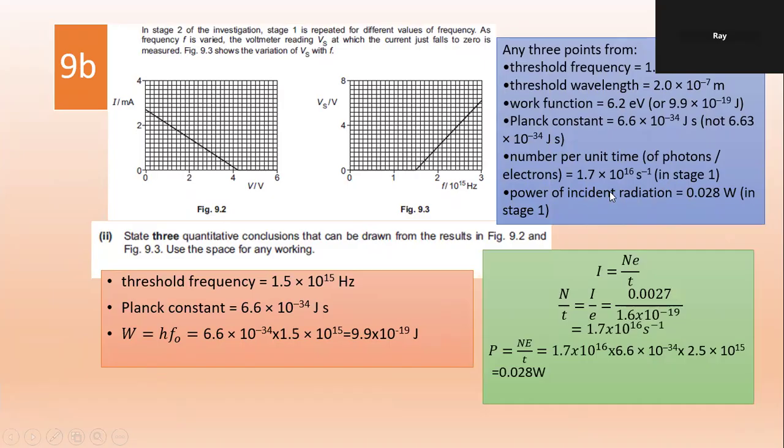Okay. Your current, right? Current is Ne over t. You can get the number of electrons emitted per second from here. Right?